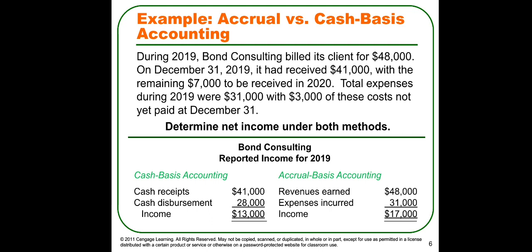But to prepare the financial statements that you later want to submit to the tax authority and other regulatory bodies, you have to use accrual basis accounting. According to the law and regulation, you have to use accrual basis accounting.